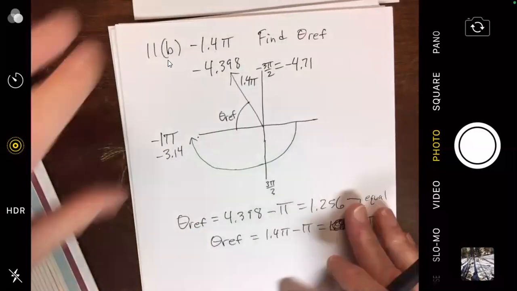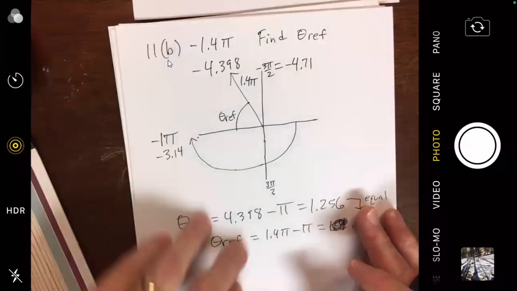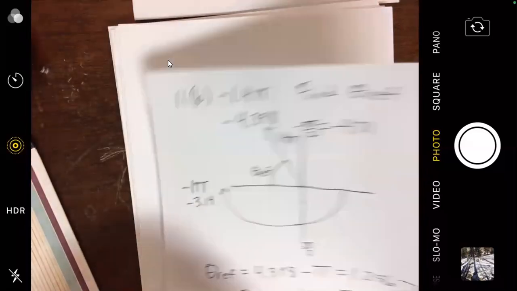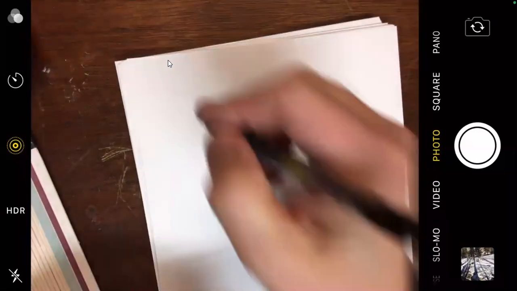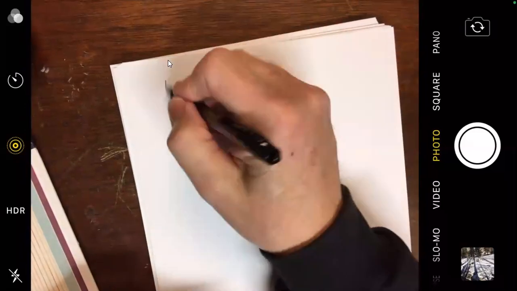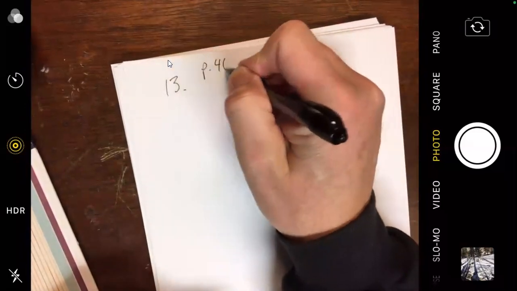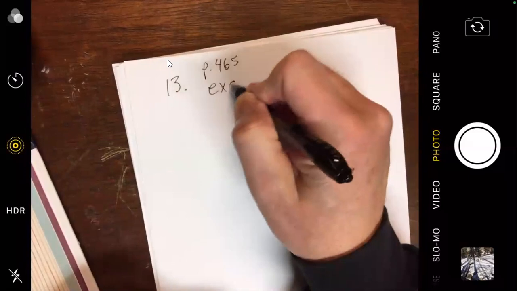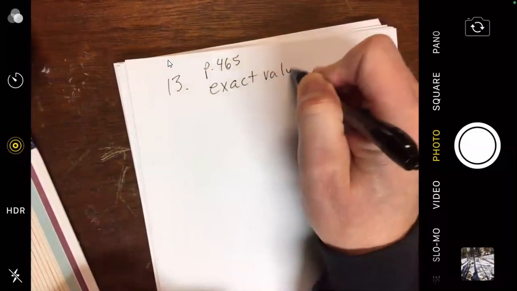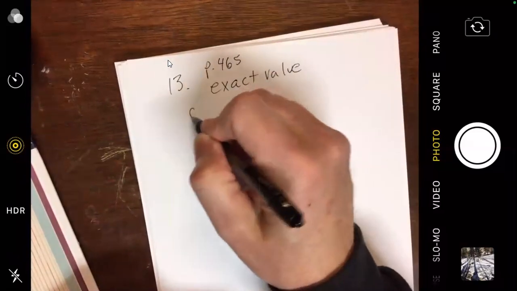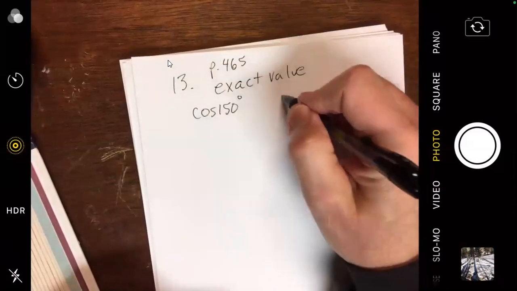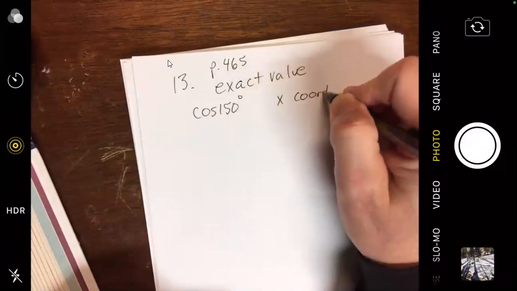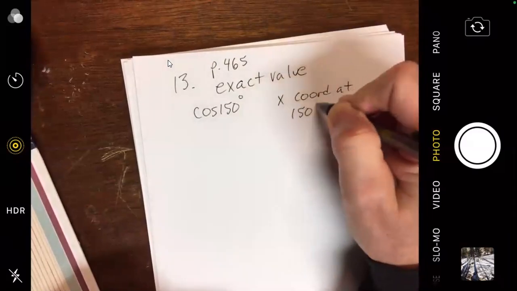All right, what about values of trig functions? Find the exact value. This is pretty simple. Punch them on the exact value they want off the calculator. So 13, on page 465 now, exact value. You have cosine of 150 degrees. This is the x coordinate at 150 degrees.